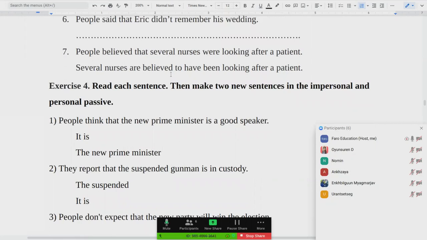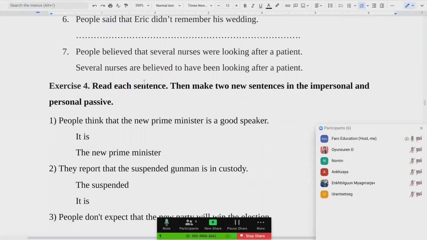People believed that several nurses were looking after patients. Look at this example sentence.